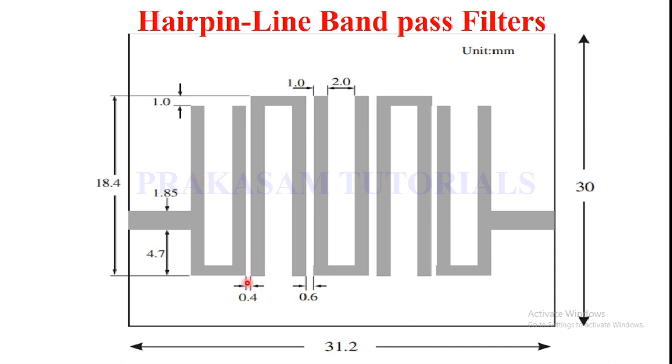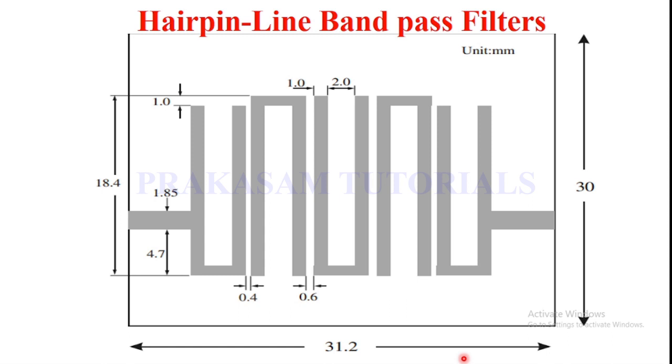Here the spacing is 0.4, and this spacing is 0.6. This is the 5-pole hairpin line microstrip bandpass filter. Adding all these values, the length is 31.2 mm. So I am considering the length and width of the substrate as 31.2 mm and 30 mm.